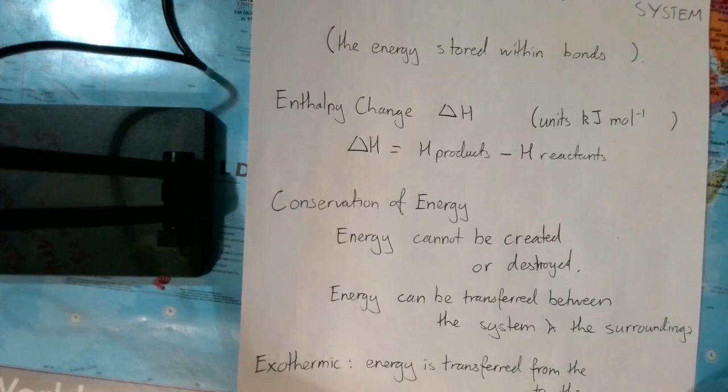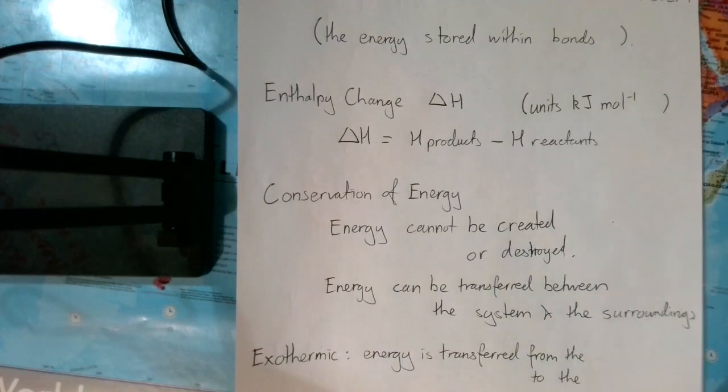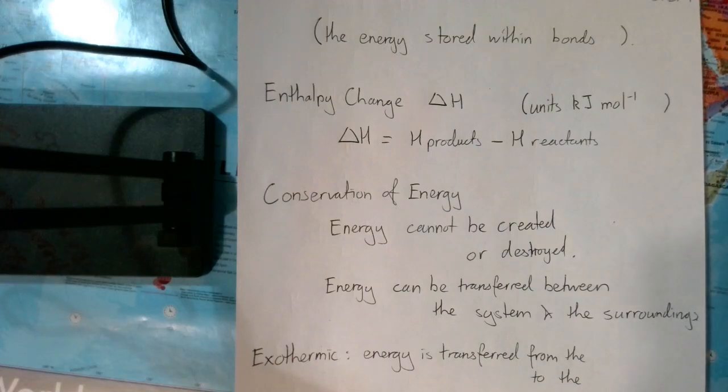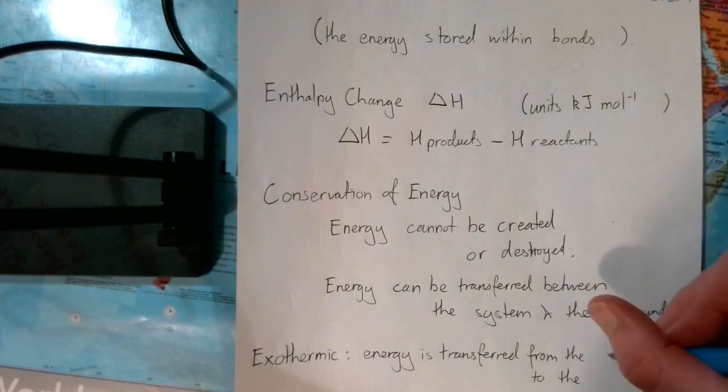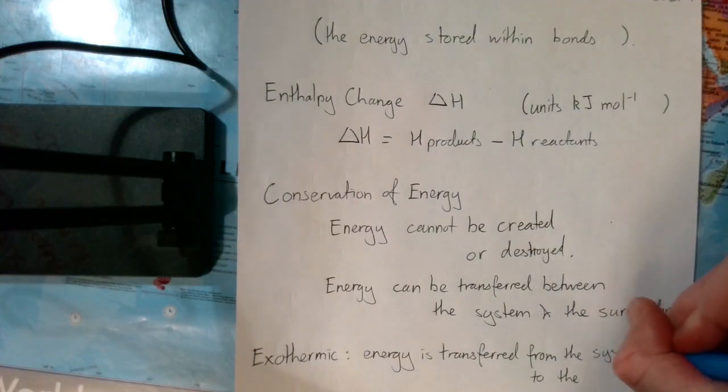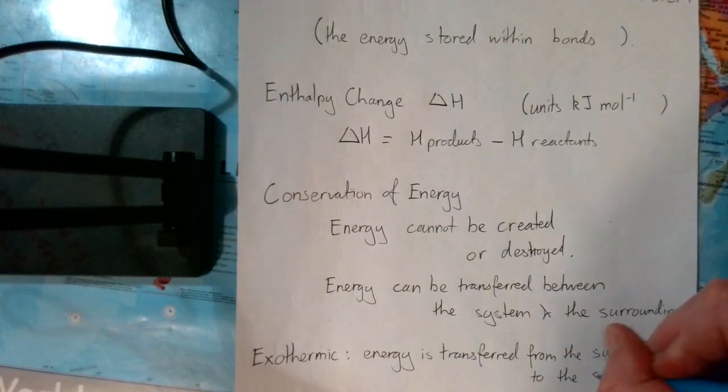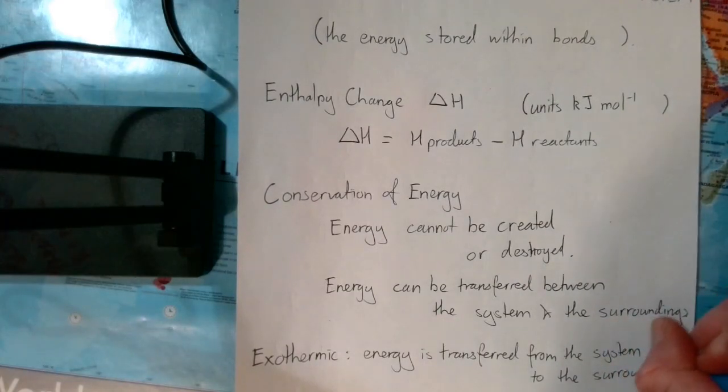The first one is exothermic. If you want to pause and see if you can fill in what the gaps would be, that would be a great bit of revision for you. So an exothermic reaction is when energy is transferred from the system to the surroundings.